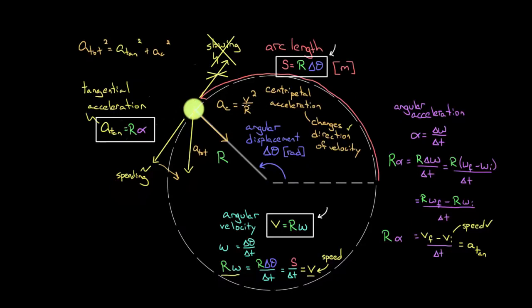The centripetal acceleration works to change the direction of the motion of the object. You can relate the speed of an object to the angular velocity by multiplying by r. And you could relate the arc length, i.e. the distance the object traveled around this edge of the circle, to the angular displacement by also multiplying by r. So these three equations are how you relate the angular motion variable to its linear counterpart.